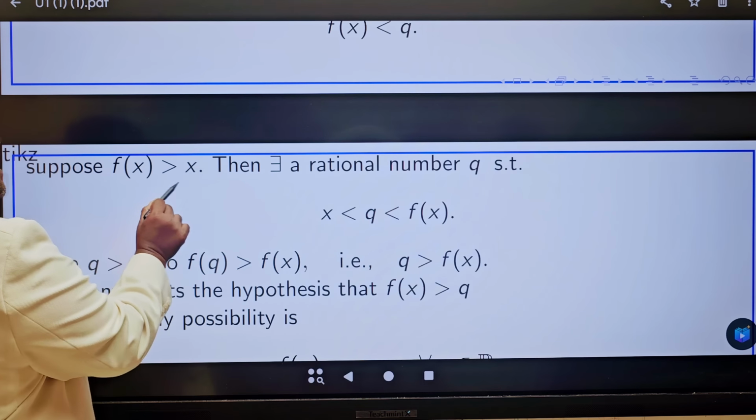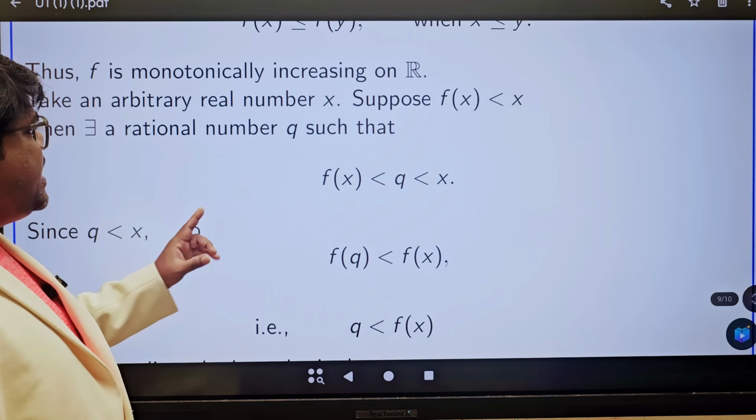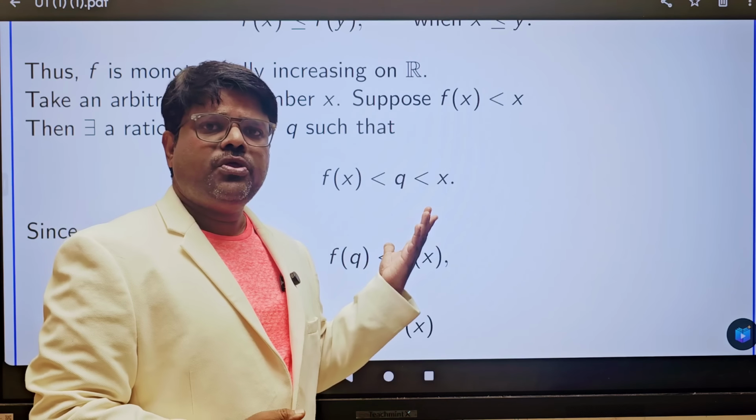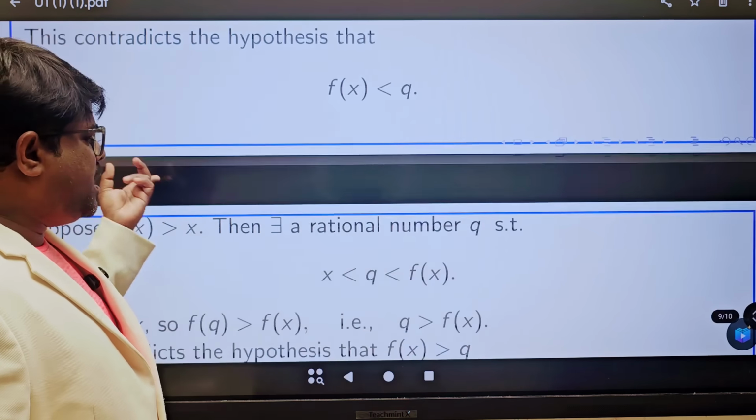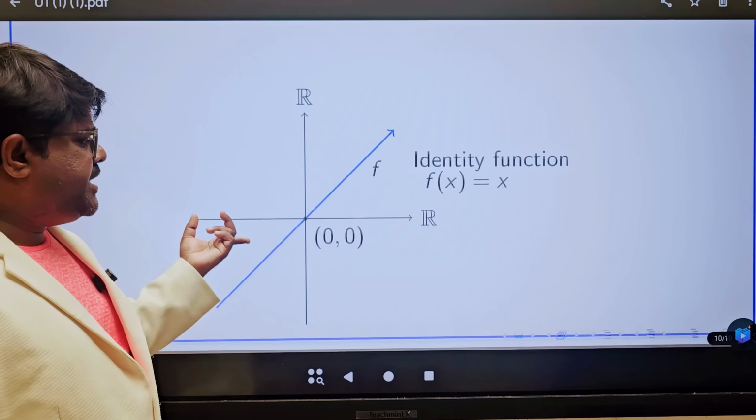Suppose f of x is greater than x, we got a contradiction. And here also f of x is less than x, we got a contradiction. Therefore the only option is that f of x equals x. This is the identity function.